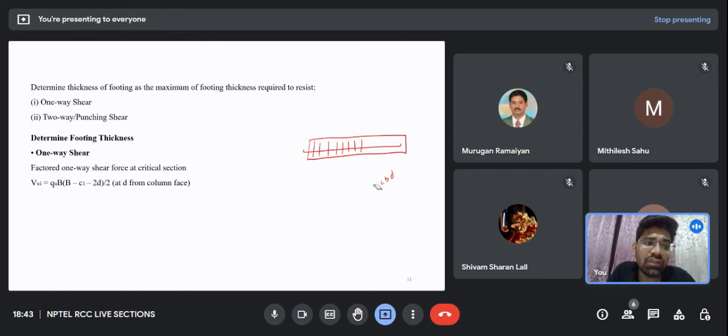But in footing we won't be providing any stirrups, so whatever would be the shear resistance, it will be provided by the concrete itself. So what would be the shear resistance in case of footing? It will be tau C into BD. How do we get tau C? It is based upon the percentage of longitudinal reinforcement and the grade of concrete, M25 or something like that.